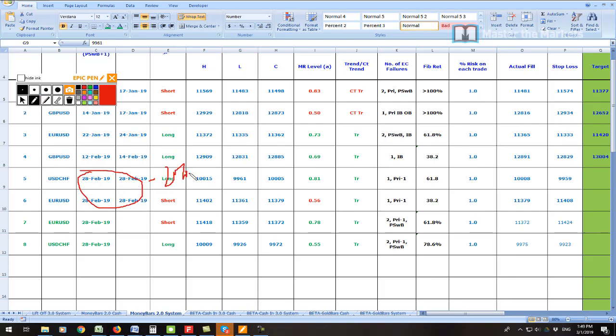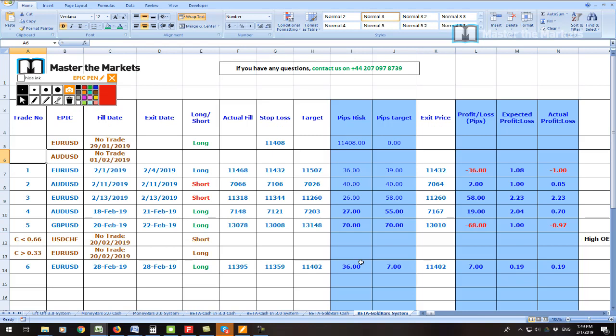Then in terms of the gold bars pending order, which we have just released, a beta gold bar system, it's a beta version but now it's a full version, we got 0.19% profit.